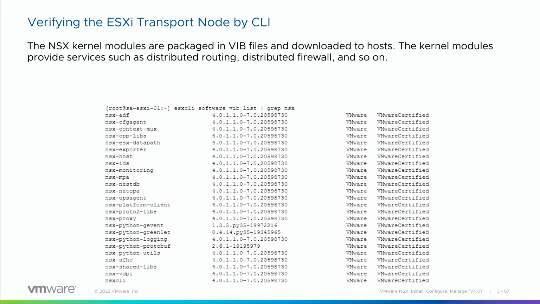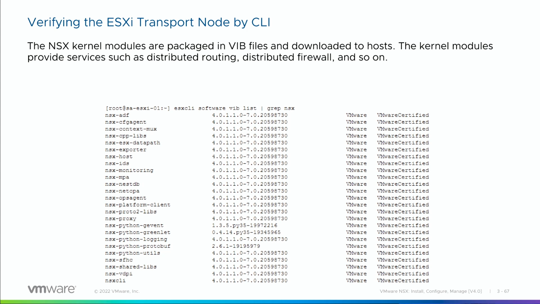On an ESXi host, I can log in and use the ESXCLI tooling to do things like show me all of the packages that are installed. esxcli software vib list lists out all of the VIB packages that are installed on this ESXi hypervisor. Now, if I'm validating my NSX preparation, I don't want to see everything.